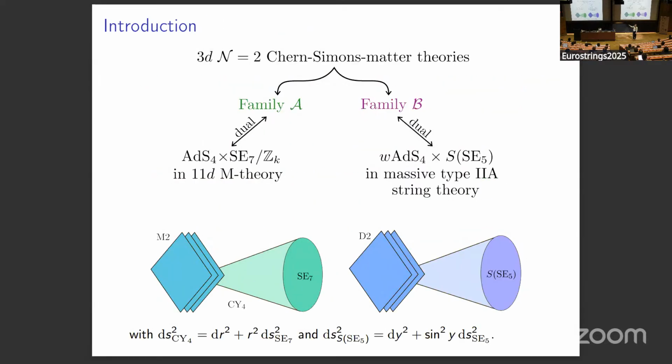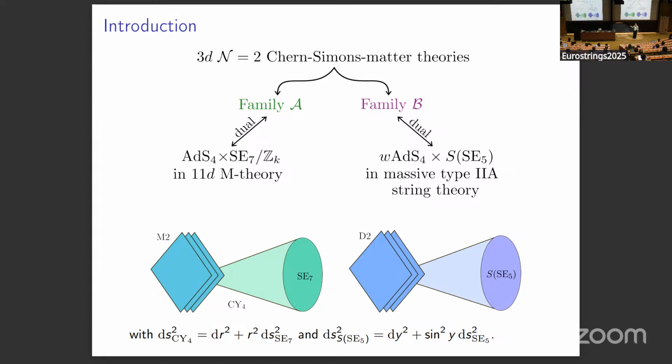So I told you we're working in this large class of 3D N=2 Chern-Simons matter theories. But what does this consist of? It consists of two subclasses of SCFTs, which I will coin family A and family B. Family A will have a dual description in M theory. It's schematically given by this picture, and reduces to an AdS4 times the Sasaki-Einstein 7 mod Z_k manifold.